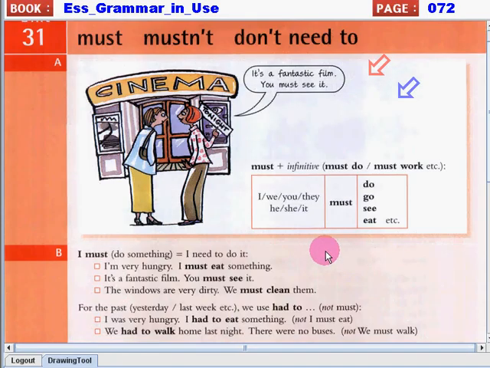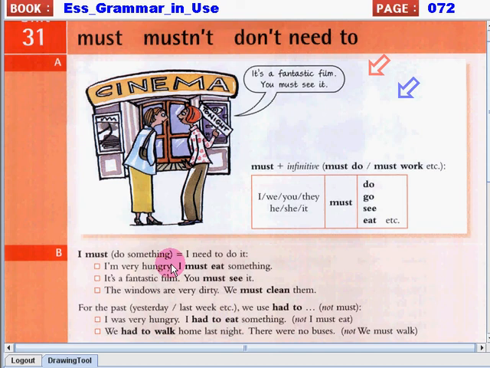Let's have more examples here. Again, I must means I need to do something. It's important that I do it. For example, I'm very hungry. I must eat something. In the first sentence, the speaker said, I'm very hungry.